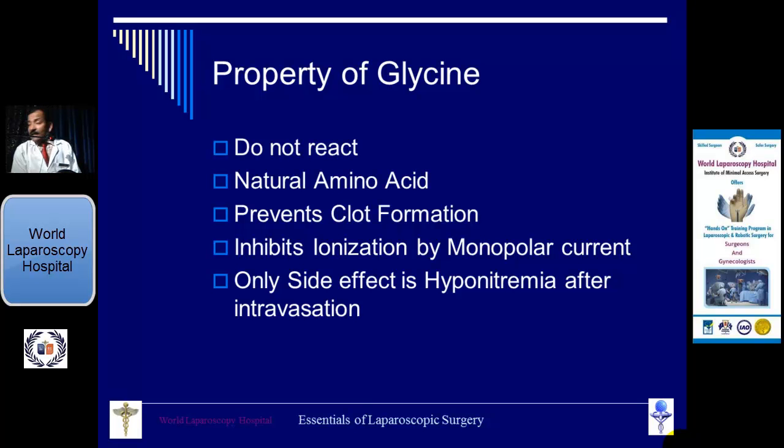So if you take care of input and output, the amount of glycine is not a problem. You can use 20 liters of glycine also. As long as glycine is going into the cavity and draining out, it doesn't create any problem. But if it goes in and less comes out, then it is a problem.